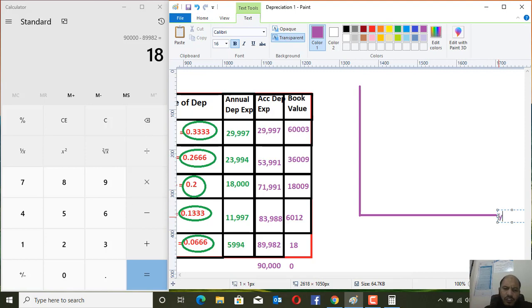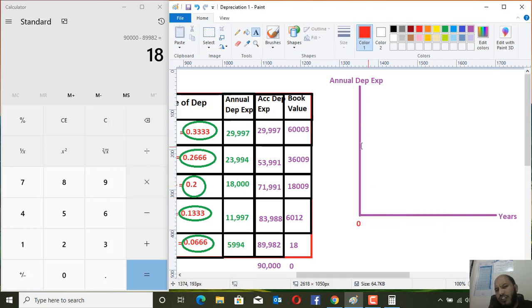So this is the years row, and this is the annual depreciation expenses. Let's put some milestones over here. So this corner has a worth of 0.